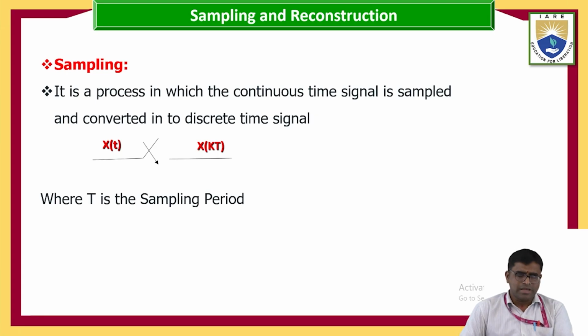In the previous class, we already discussed data conversion. In data conversion, if the number of bits is increased, then the quantization level is going to decrease, and because of that the quantization error will also decrease.